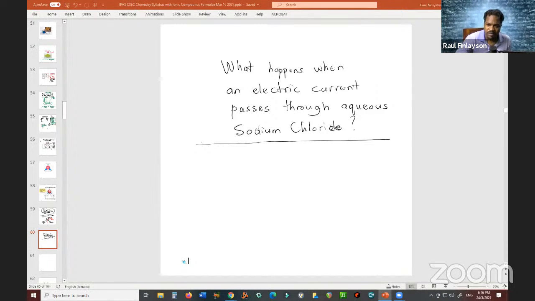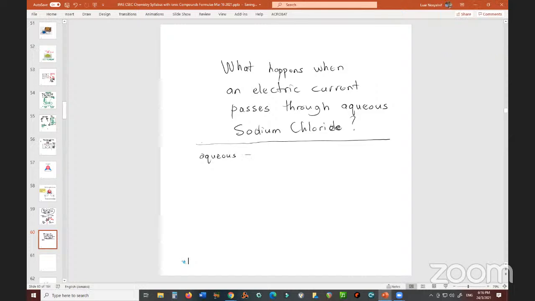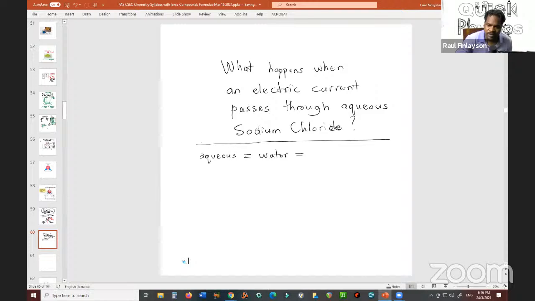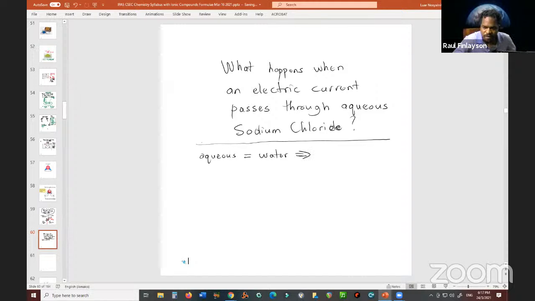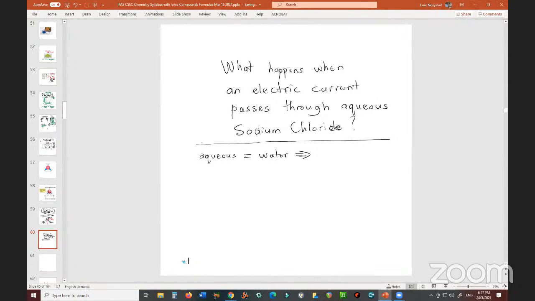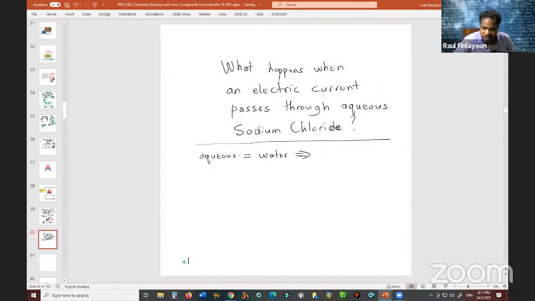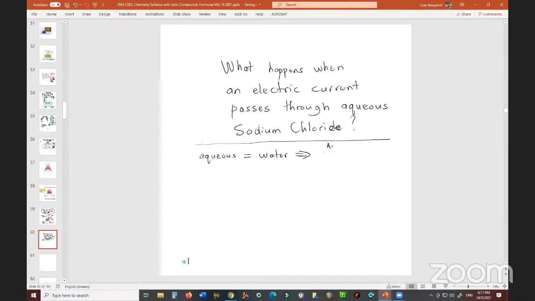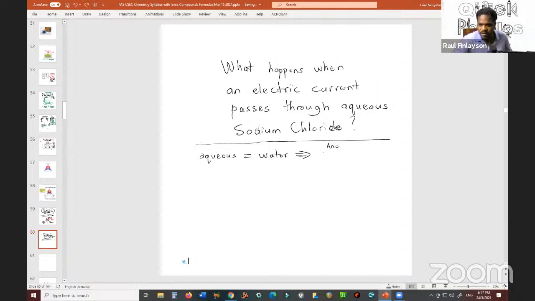So let's go. What we're going to do here is the aqueous part first. Aqueous equals water. And when current passes through water, what two ions do we say are formed? Hydroxide and hydrogen. Good. So let's divide it here.